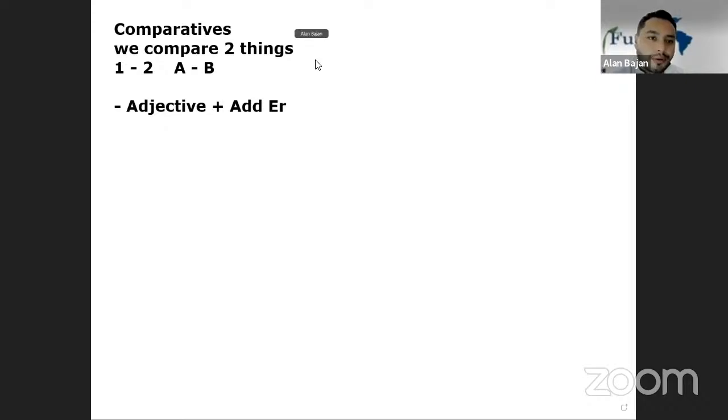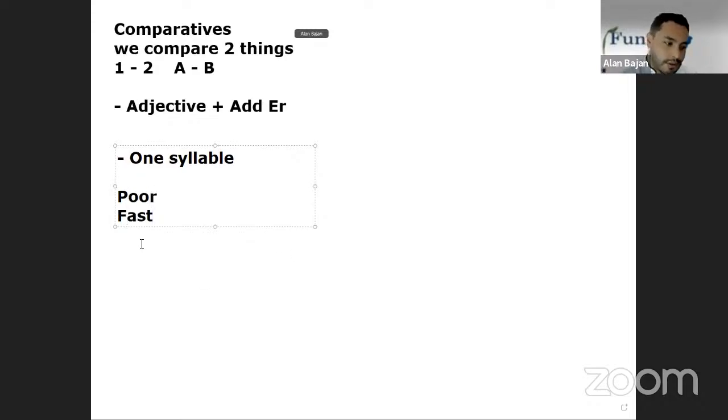Rule number 1. When we have adjectives of one syllable. One syllable. Poor, fast. What do I do here? I add ER.